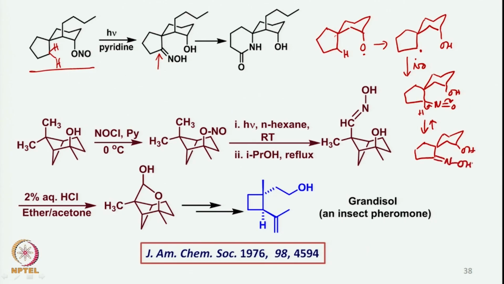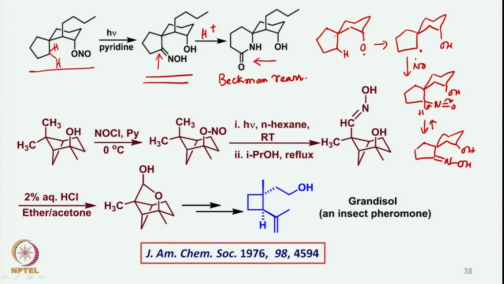This is the substrate that we have, and this is the product that we have got. Now if we carry out the Beckmann rearrangement under acidic conditions, then we can get this particular lactam.